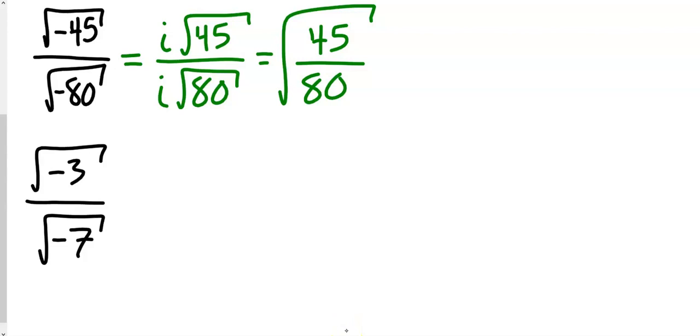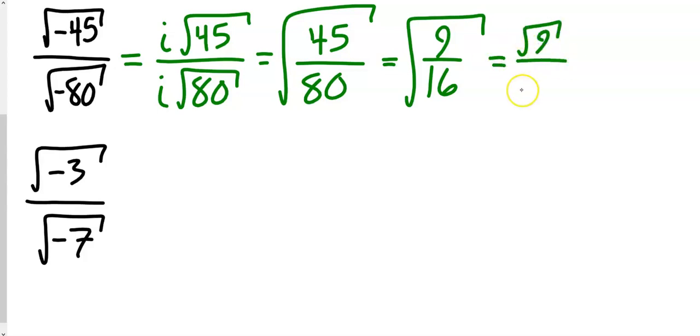The square root of 80 doesn't work. But if I put them back together, they actually reduce to something that's pretty nice. They reduce to the square root of 9 over 16. And now's a good time to separate them out because we know what the square root of 9 is, and we know what the square root of 16 is. So this becomes 3/4.